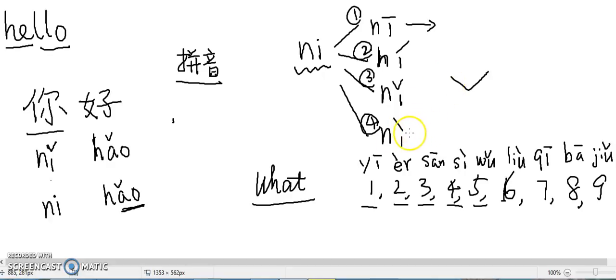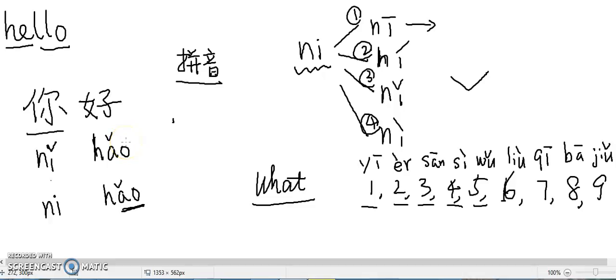And the last one is ni. It's like what. The third tone is sort of like in English we say ouch, ow, kind of like that. So ni. Again, the important thing is when we learn the tone, never change it.